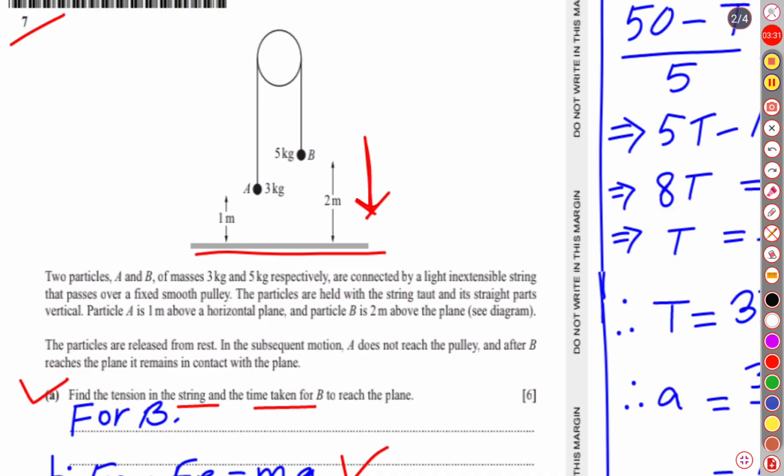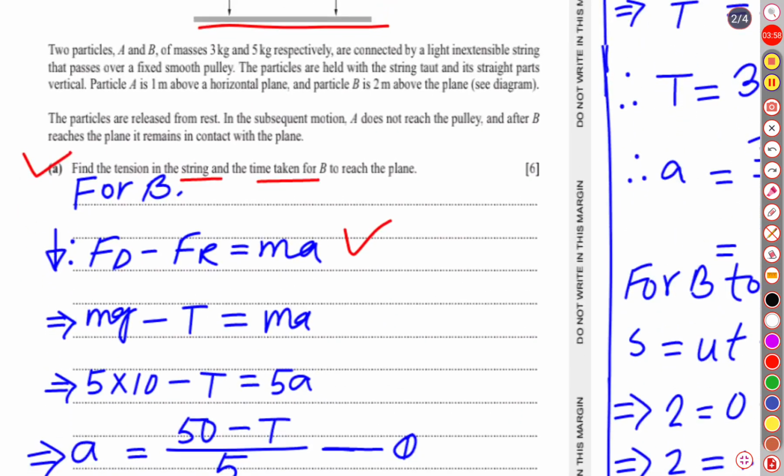B is just coming down when it is released from rest, and there is no other external force acting on B. That's why the only driving force which may pull it downward is the weight of B. So weight is the only force which is driving it downward.